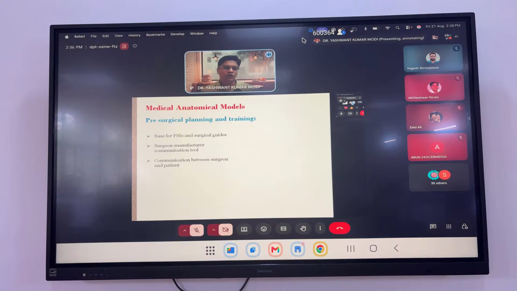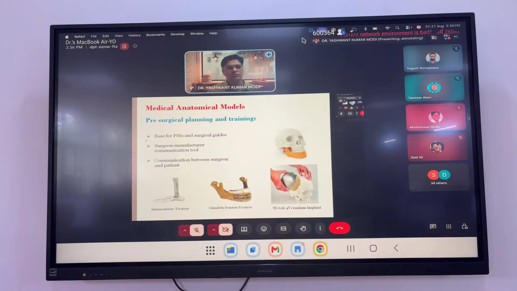So what does it actually mean? Suppose, using these kinds of models, the surgeon can communicate their exact requirement to the manufacturers, what they actually want to fabricate or what kind of implant they require exactly, right?